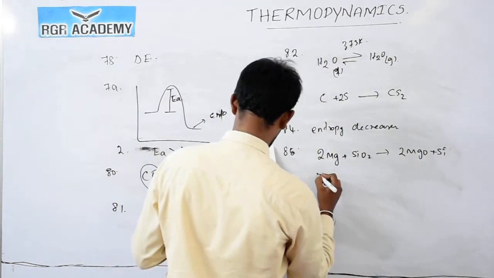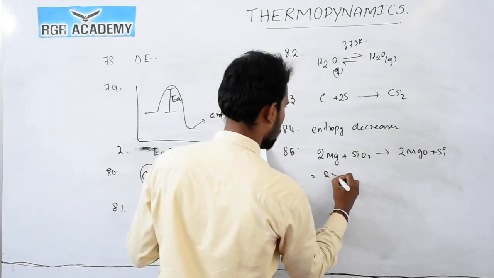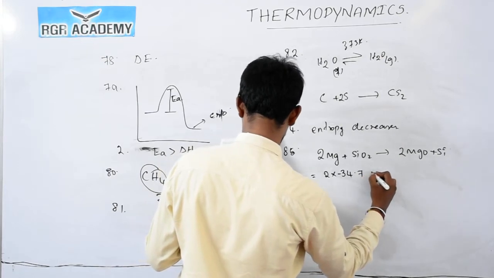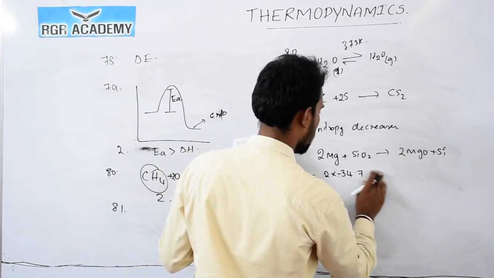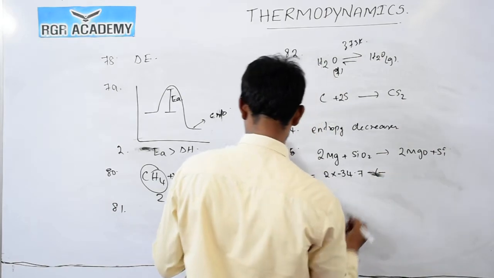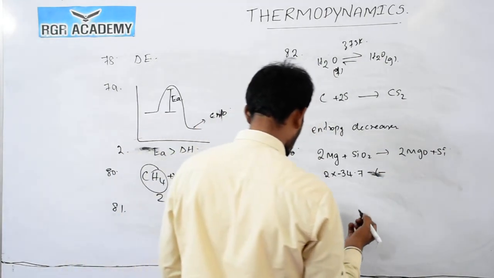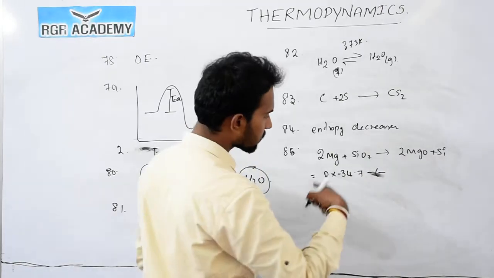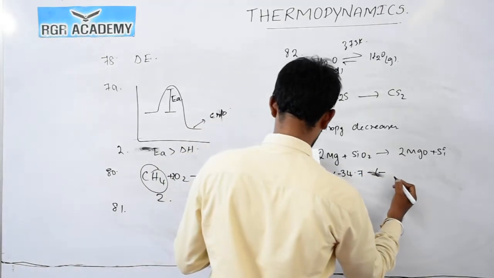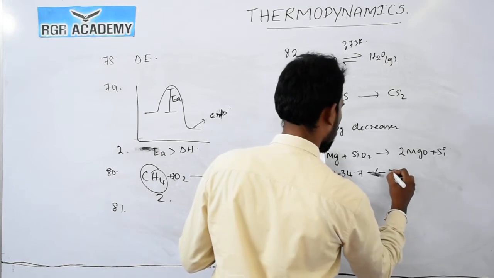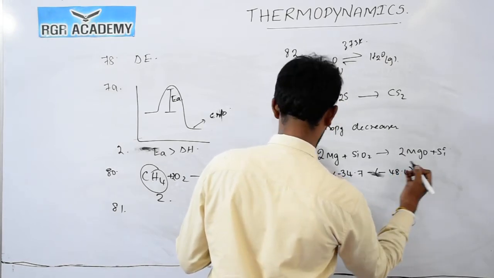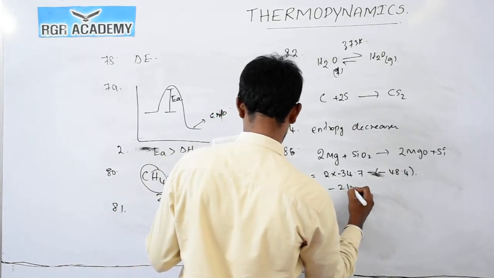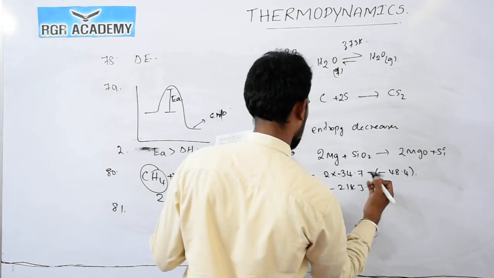So the value is, for the products, 2 into minus 34.7, minus the values for the other compound. Reactants minus products. Then minus 48.4. So the value is minus 21 kilojoule.